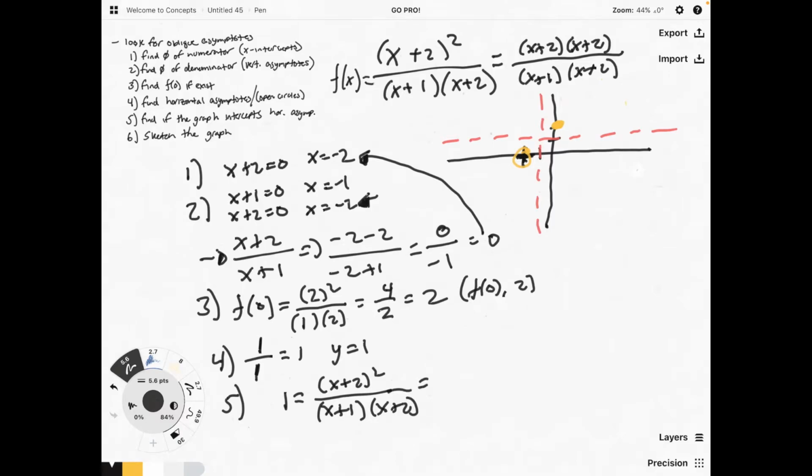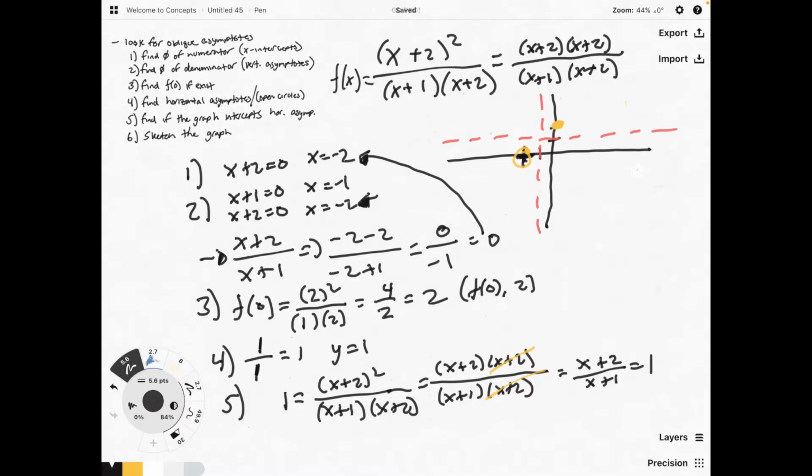If we further simplify this like we did up top, we're going to get (x + 2) multiplied by (x + 2), then divide that by (x + 1) and (x + 2). We can cross these out because they are the same, and we're going to be left with (x + 2) divided by (x + 1), and we are setting that equal to 1 because we're trying to see if it crosses that horizontal asymptote, which means it needs to be equal to a value of 1.